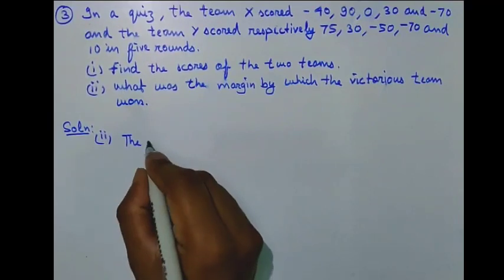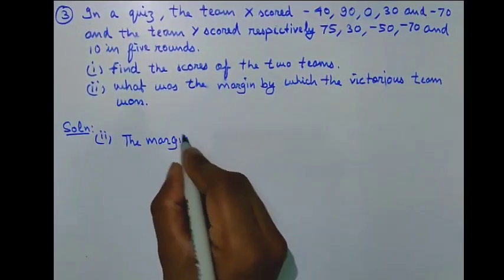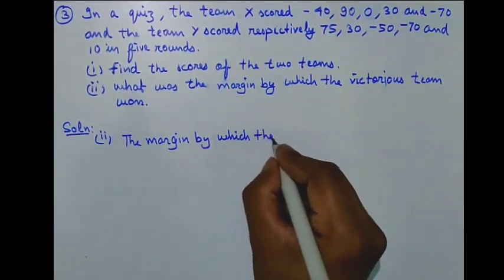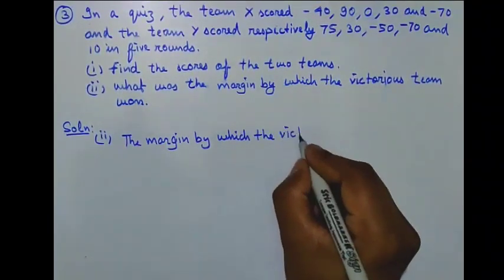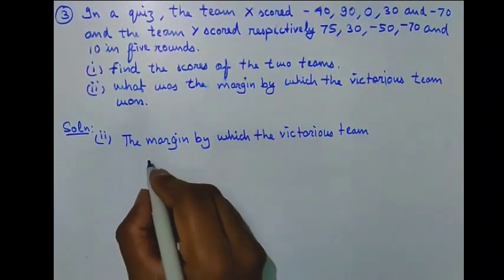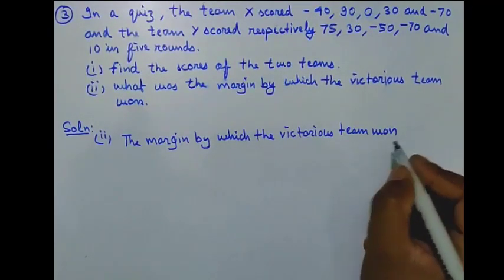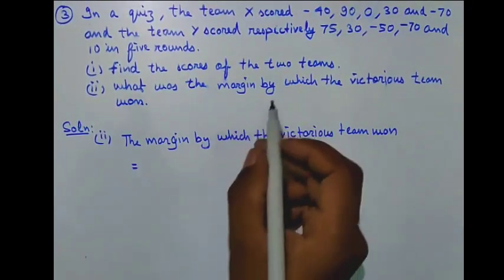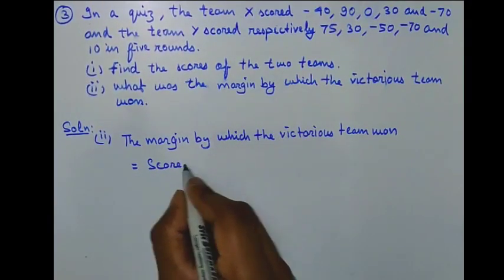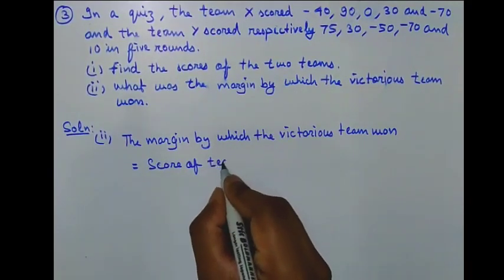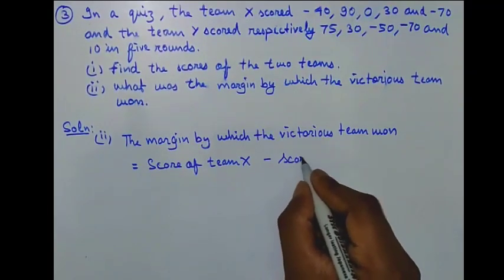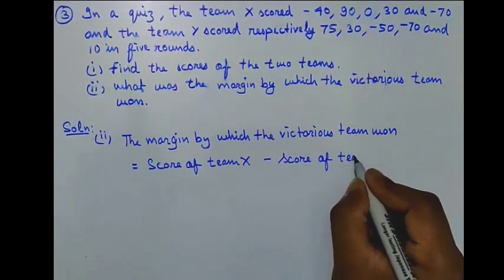The margin by which the victorious team won is equal to score of team X minus score of team Y.